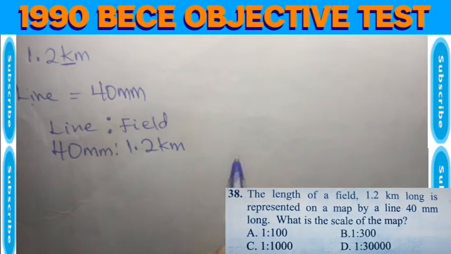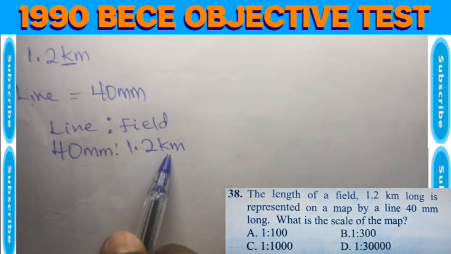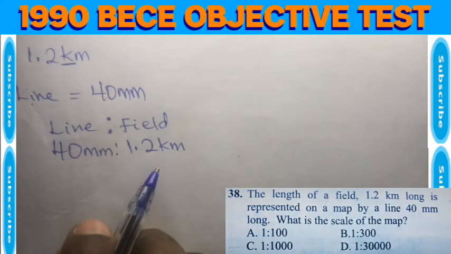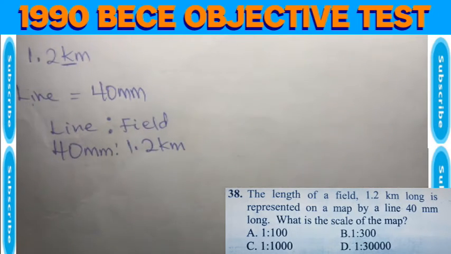Now, with ratio we've got to express all the quantities in a way that they will have the same unit. Over here we have millimeters, and over here kilometers. Most often, you change the one with the bigger unit to the smaller unit, and then you leave it in the simplest form, and that will give you the answer.